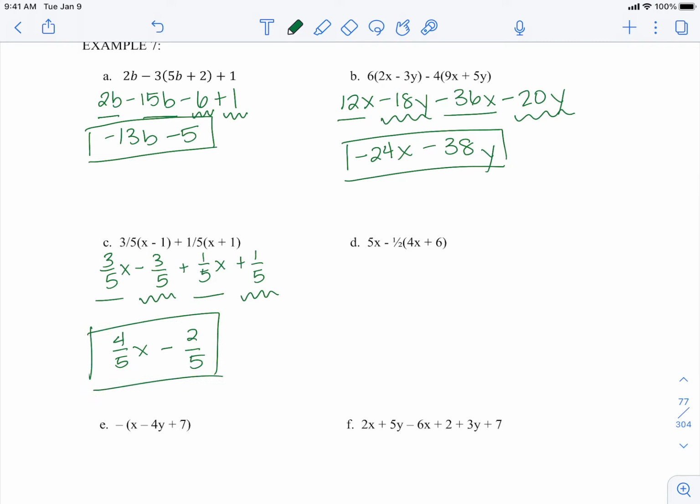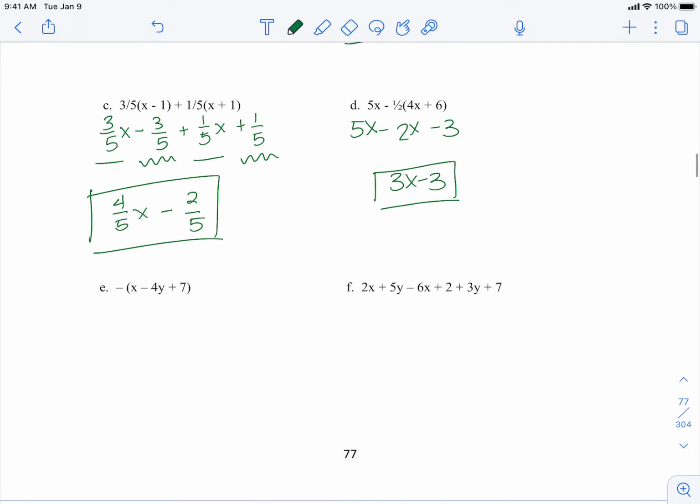I want you to pause the video and try to do D, E, and F. So I'll show you your work for each of these in the solution. For D, we have 5x minus 2x minus 3, which simplifies to 3x minus 3.